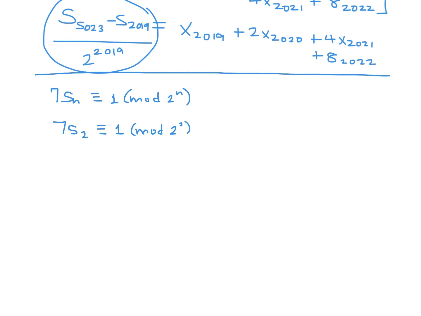So for example, if S2 was equal to 3, this would mean that 7 times 3 is 1 mod 4. Is that correct? 7 times 3 is 21. 21 divided by 4 is 5 with a remainder of 1. And that's correct, because this represents the remainder when divided by 4.